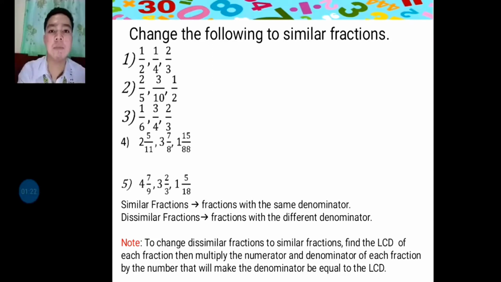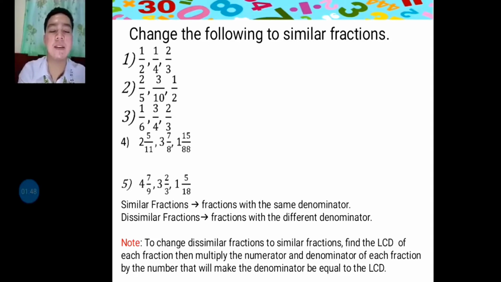Like for example, number 1. Suppose we have 1/2, 1/4, and 2/3. As you can see, those fractions are dissimilar fractions because their denominators are different. So first, as I noted there, you have to find the LCD.